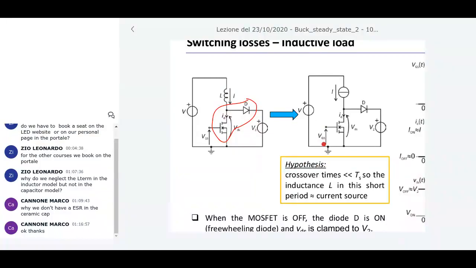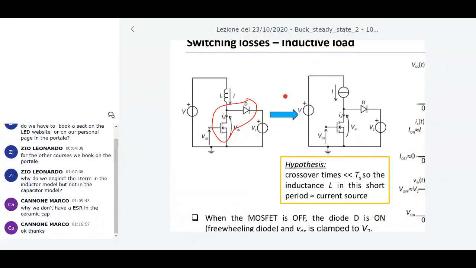The hypothesis here is that the crossover time is so short, the time interval in which you have the commutation of the volts and currents is so short, that in that specific interval the inductor can be considered as a current source. So they hold the same current.